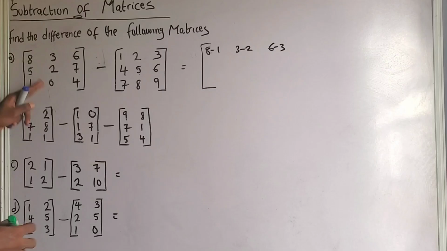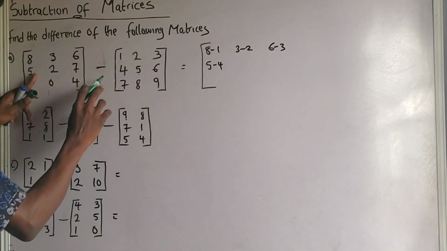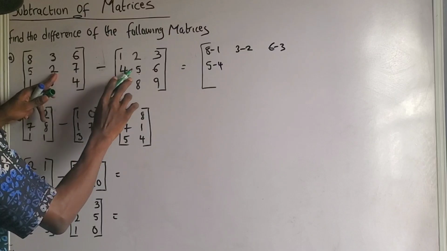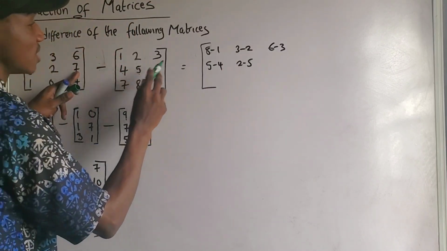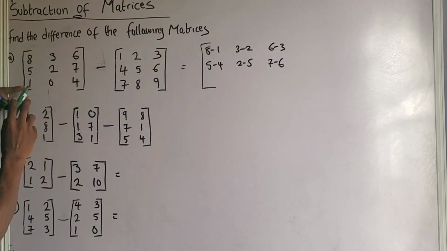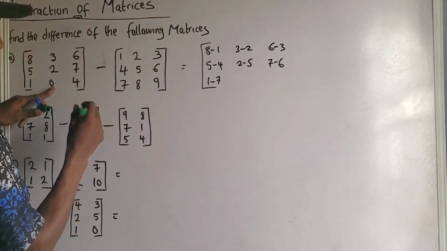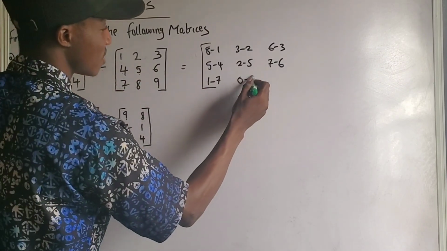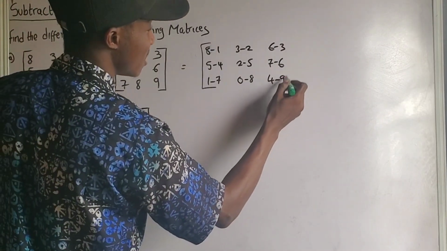Now, for this, I'm going to have 5 minus 4 at the next row, 2 minus 5, then 7 minus 6. Then for the third row, I'm going to have 1 minus 7, 0 minus 8, then 4 minus 9.